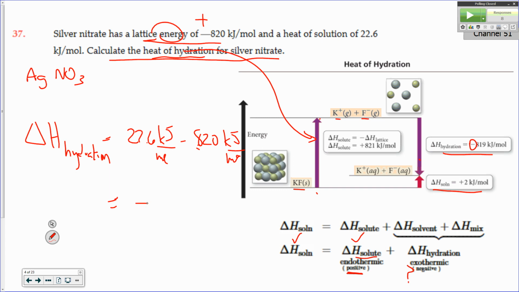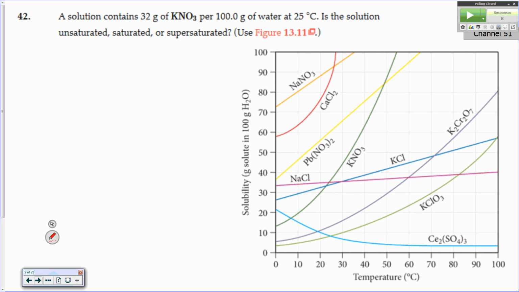And it's a negative on the sign. So it's a negative 794 kilojoules per mole. I think I gave you a Mastering Chemistry problem like this, and that's the reason I'm working this one. So I'm pretty sure I gave you a problem like this.